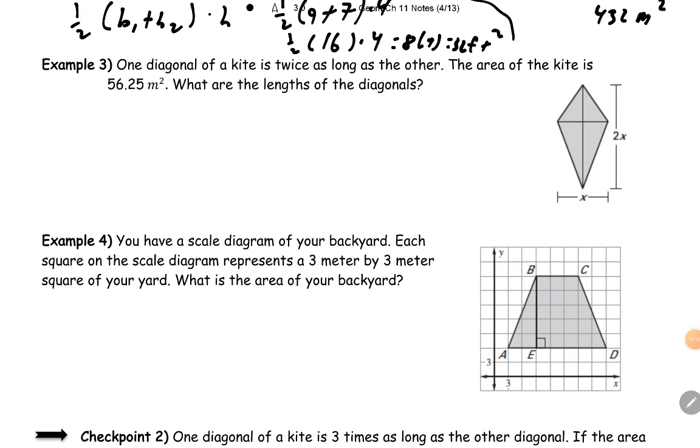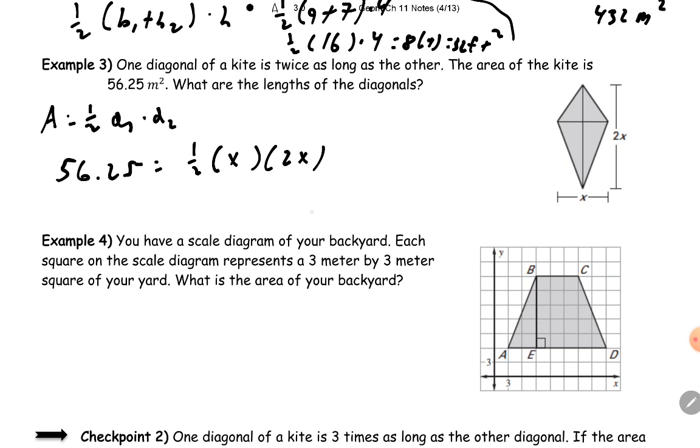Alright, example 3. One diagonal of a kite is twice as long as the other. The area of the kite is 56.25. What are the lengths of the diagonals? So, area of a kite is 1/2 diagonal 1 times diagonal 2. So 56.25 equals 1/2 of x times 2x.